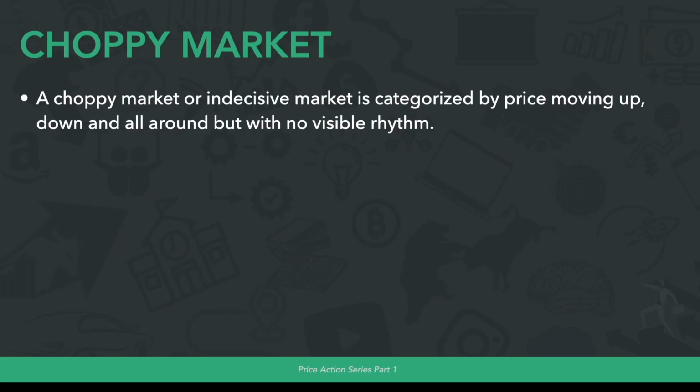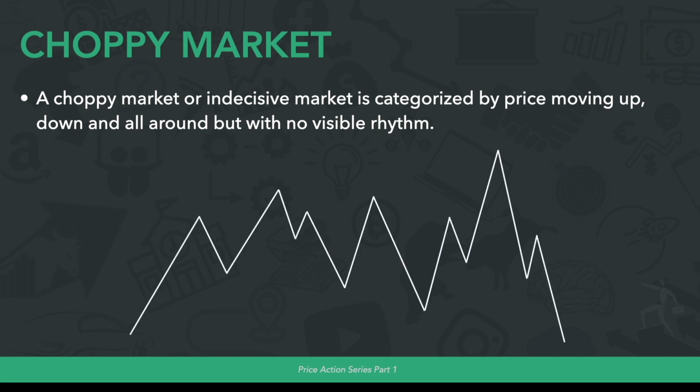Choppy market. A choppy market or indecisive market is categorized by price moving up, down, and all around but with no visible rhythm. So, when we're in a choppy market, it's hard to identify the structure of the market. Because we'll have a higher high, higher low, higher high, higher low, and then lower high.